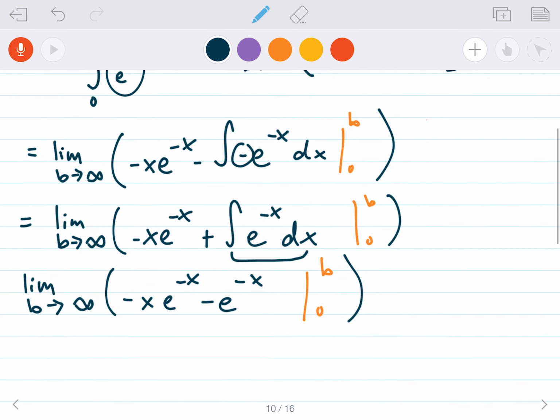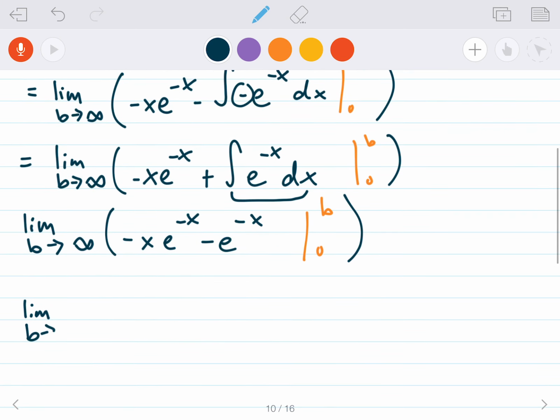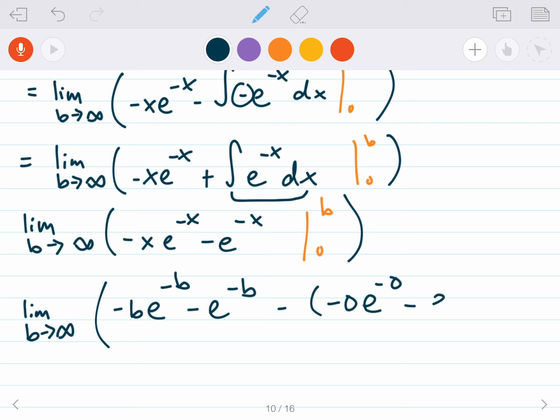Let's do this. Plugging in b first for x, we have negative b e to the negative b, minus e to the negative b. Minus, now we evaluate at 0: 0 times e to the minus 0, minus e to the minus 0.